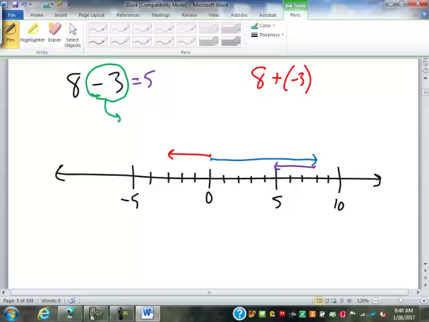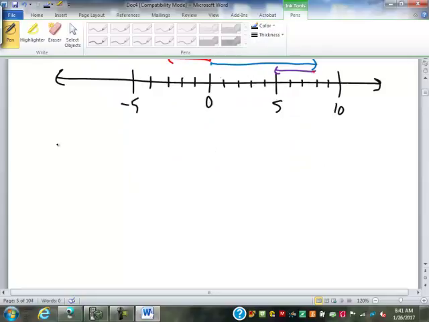So minus 3 or subtract 3 means add the opposite of 3, or add the opposite of whatever that next number is. So we're adding the opposite of 3, which is a negative 3.